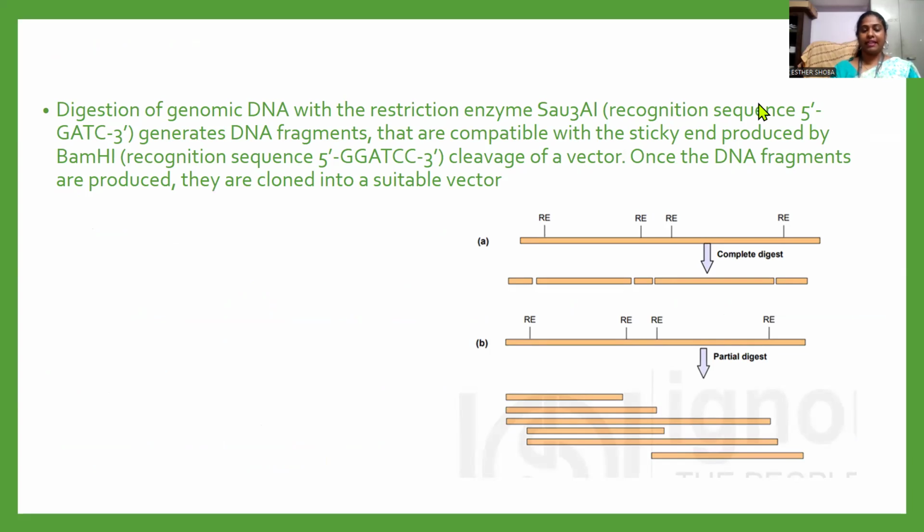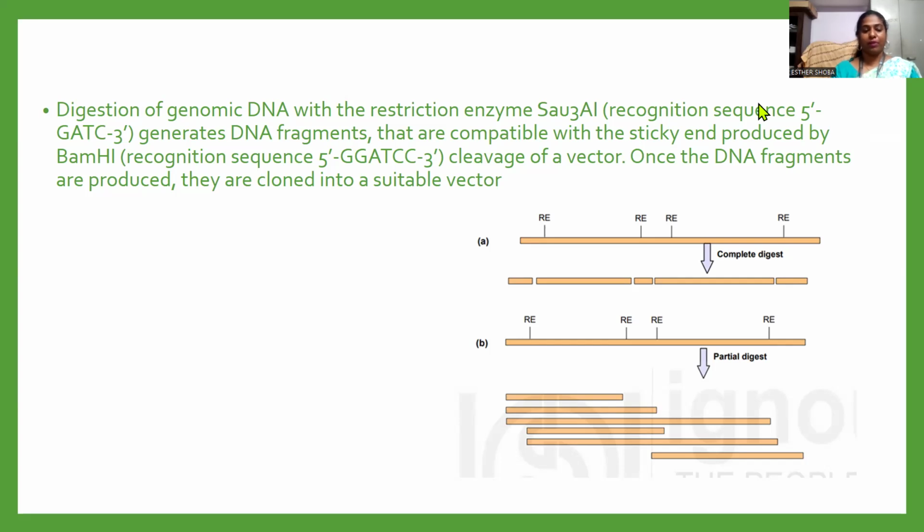One such enzyme used for partial digestion of DNA is Sau3A, generating DNA fragments that are compatible with the sticky ends produced by another enzyme known as BamHI. So if we are fragmenting the genomic DNA with Sau3A, we can cleave the vector DNA using BamHI.